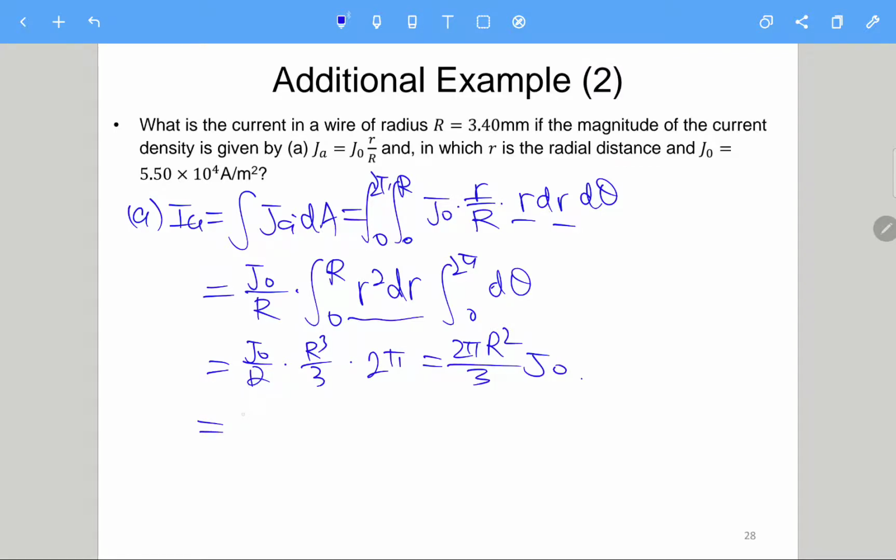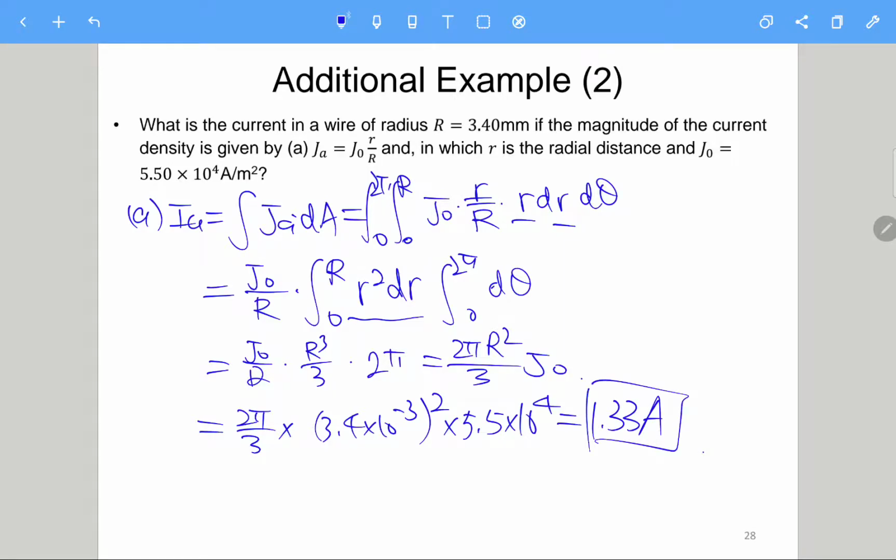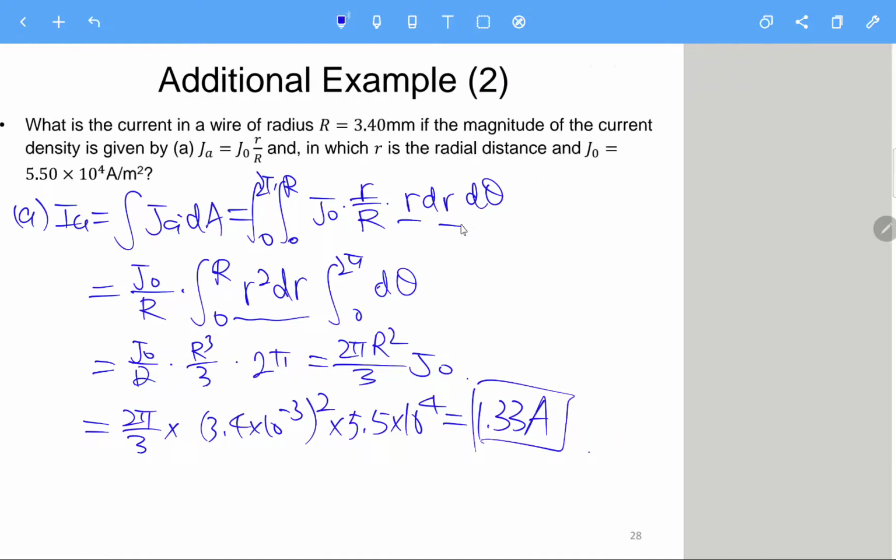It should be 2 pi over 3 times 3.4 times 10 to the minus third power squared times 5.5 times 10 to the fourth power, which is 1.338. As long as the current is not uniform, we need to use integration to calculate that.